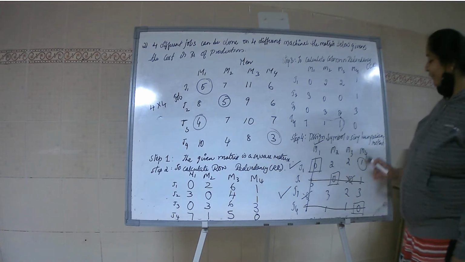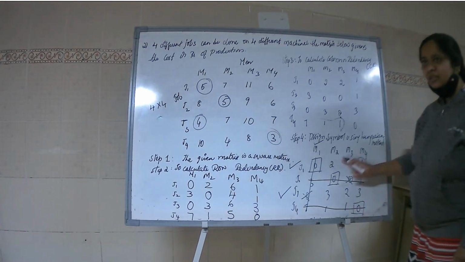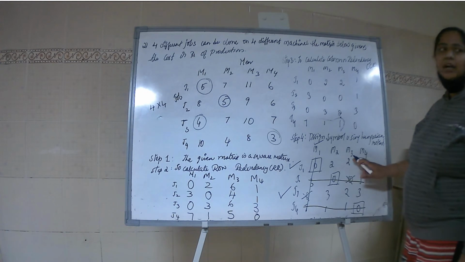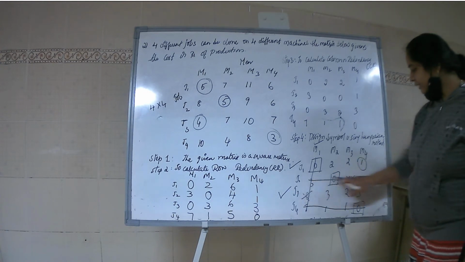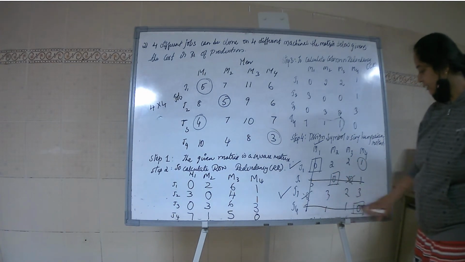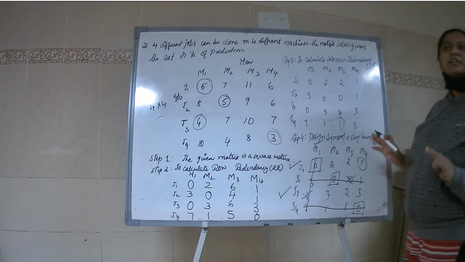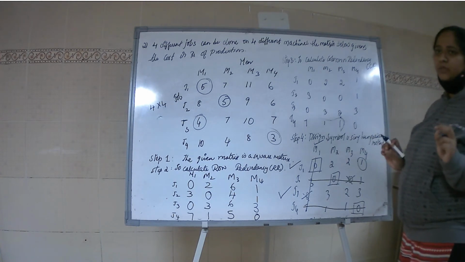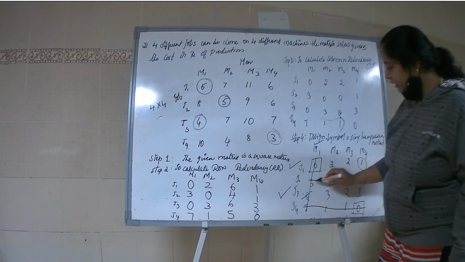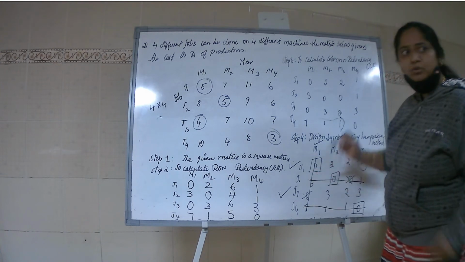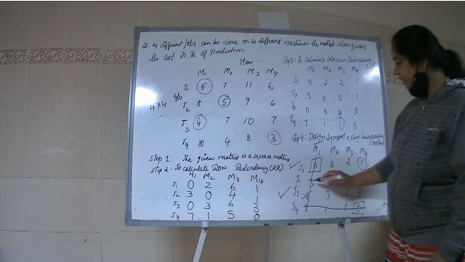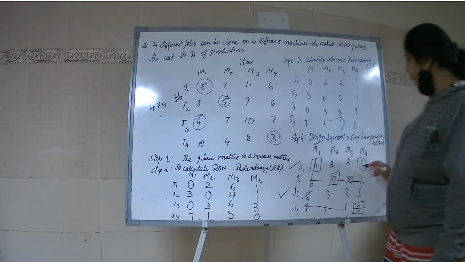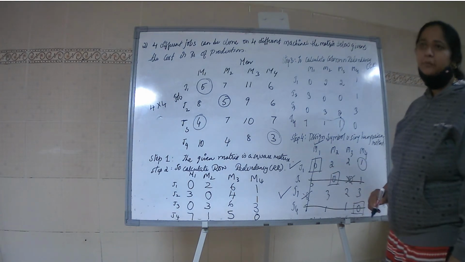Remember again, wherever there is no strike, you have to subtract the minimum. Wherever there is a single strike, you have to write the same value. Wherever there is an intersection, where two lines join together, you have to add the minimum value.